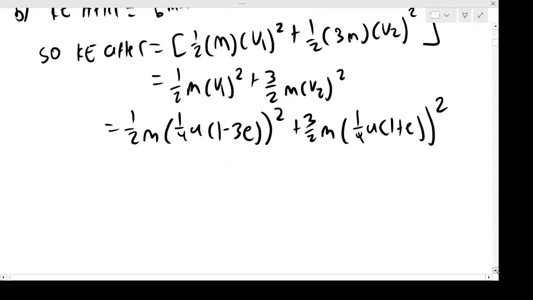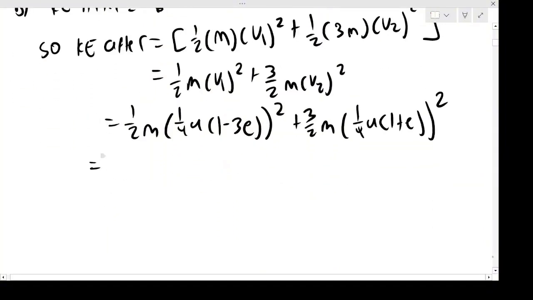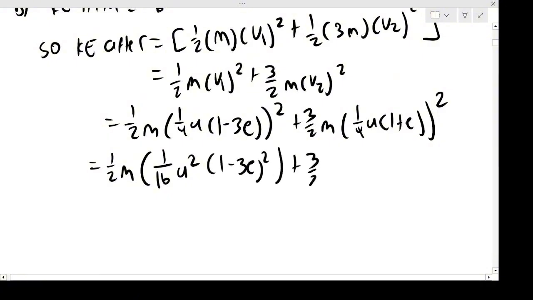Okay, so then we can simplify. It's going to be a half m times, if we're squaring this out, firstly a quarter u times itself, so 1 over 16 u squared of (1 minus 3e) squared. And then 3 over 2 m, and again a 16th u squared of (e plus 1) squared.